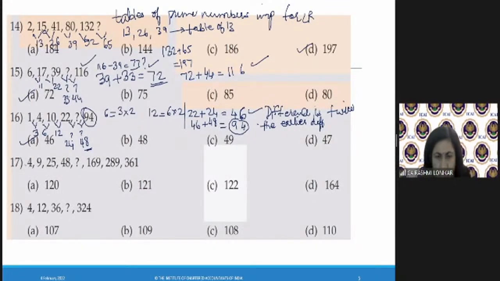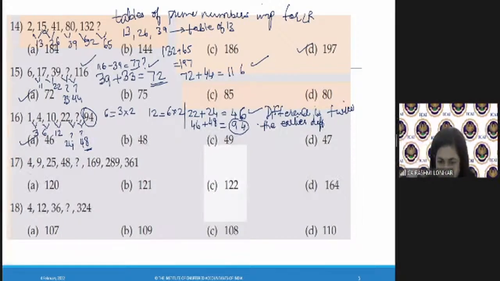Now here, you can see 4, you can see 9, you can see 25, right? Then 48, then 169. Let us see. This is 48 over here. 289 square root, let us see how much is that. 289 square root is 17.